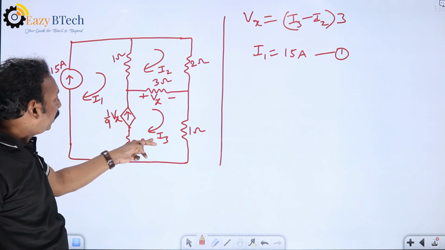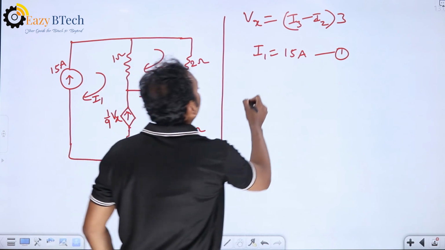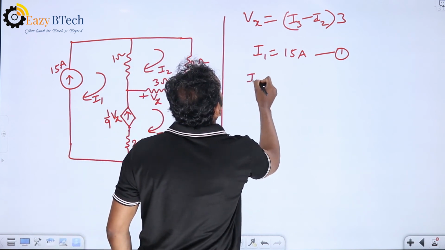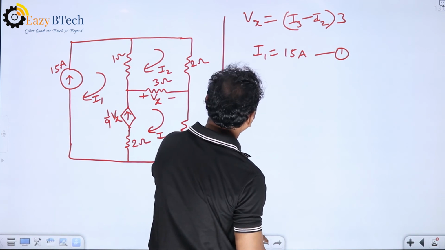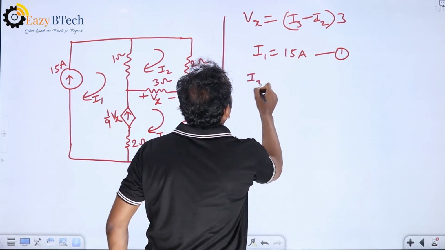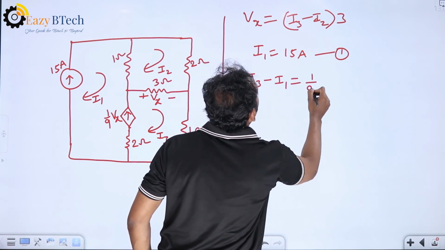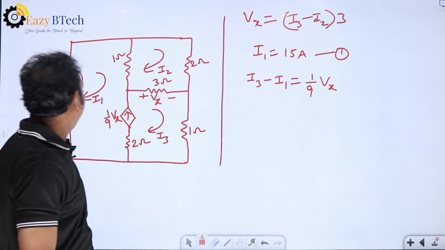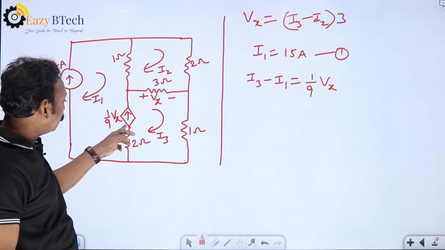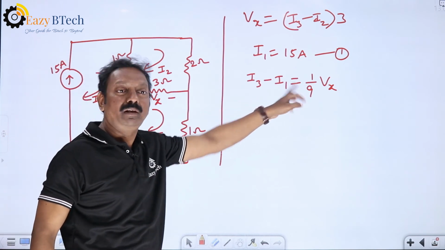The I3 direction and this current source direction are the same. So, how to write? I3 minus I1 equals 1 by 9 Vx, because the I3 direction is the same as the current source. I1 is opposite to this current source, therefore I3 minus I1 equals 1 by 9 Vx.